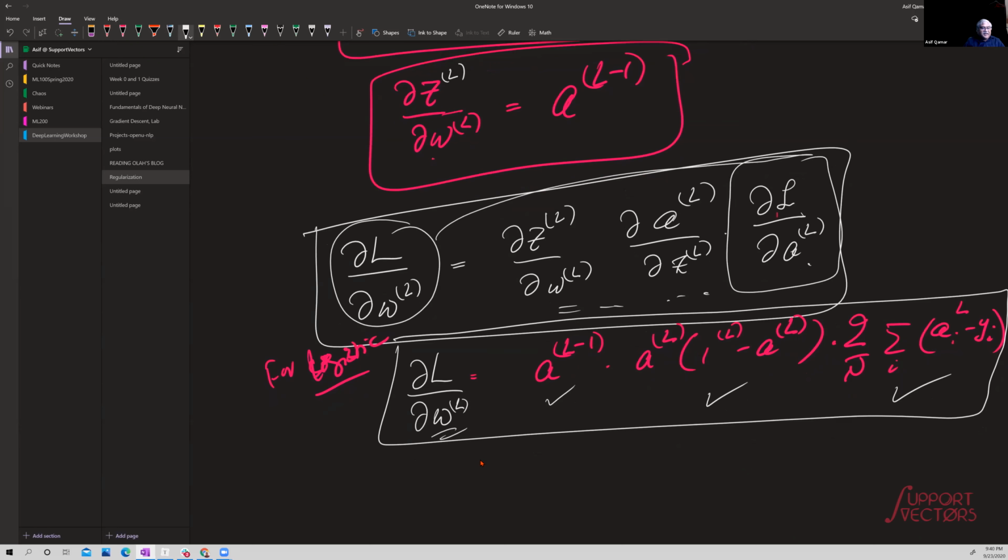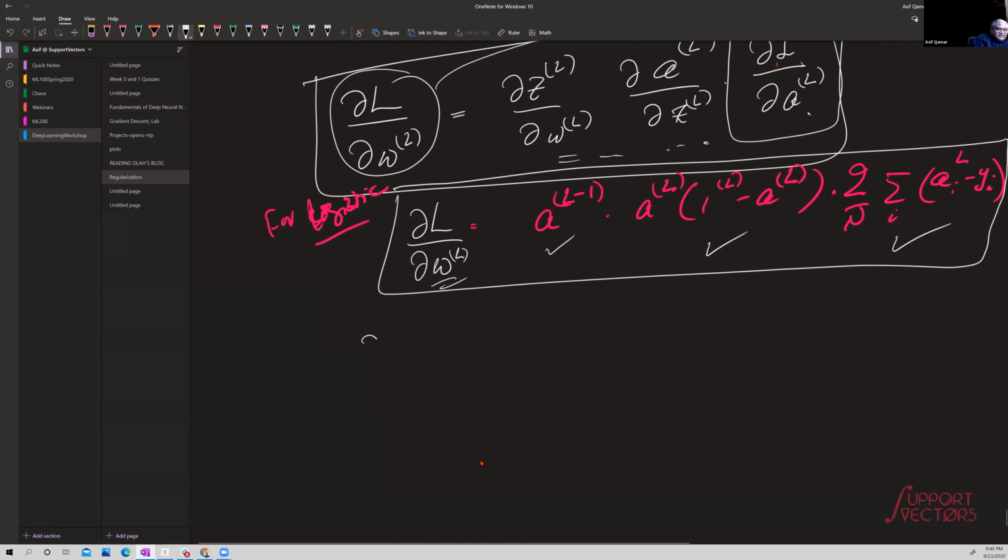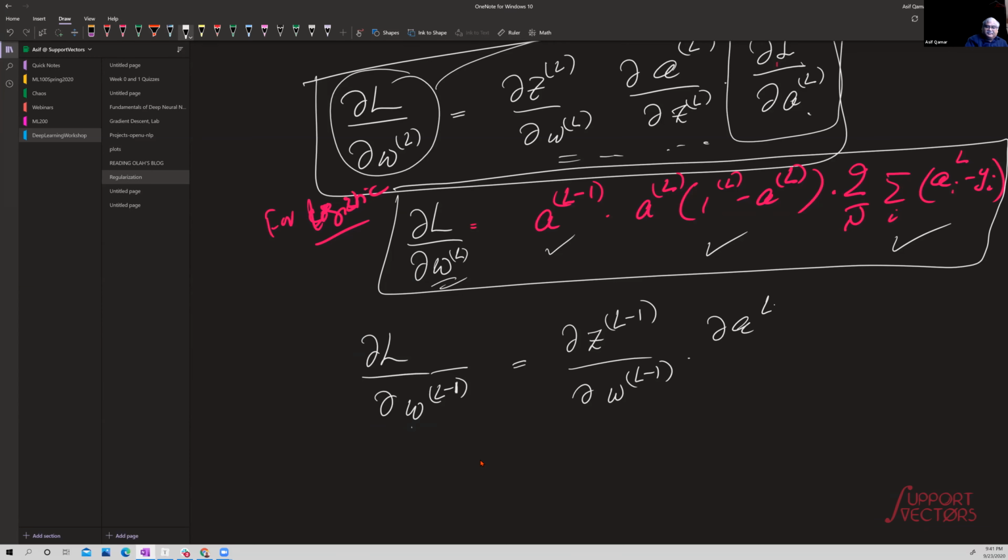And so you can generalize from that, and say that for layer L minus 1, the previous layer, it would be dW L minus 1, dA L minus 1, dZ L minus 1.